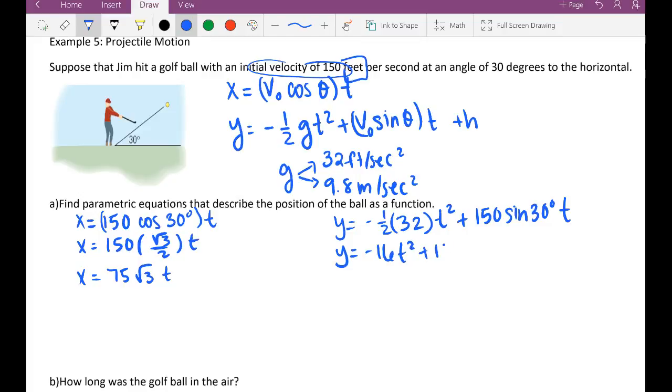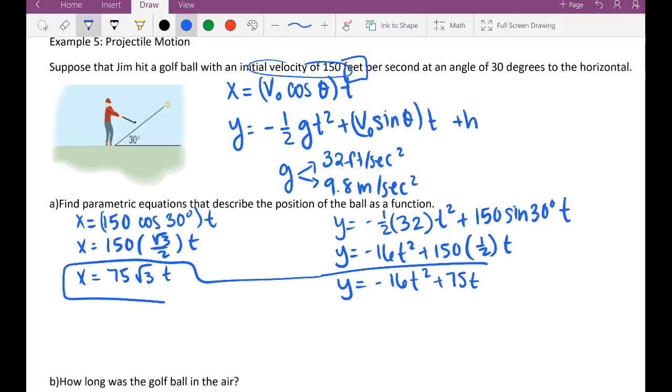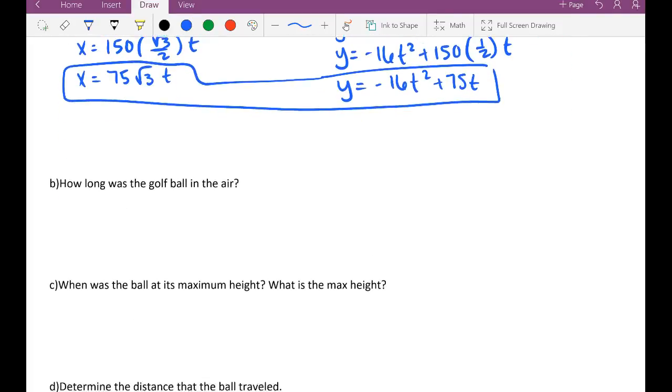And plus 150 times sine of 30 degrees, which is 1/2, times t. Let's simplify slightly more. So now I'm going to have negative 16t squared. Half of 150 is 75 times t. I'm going to box up both because I need a parametric equation, and I need both x equals and y equals all in terms of t.